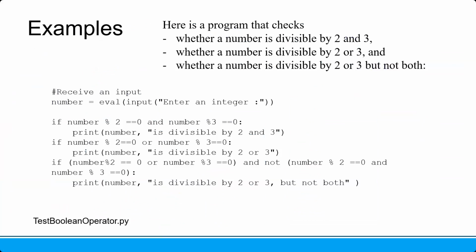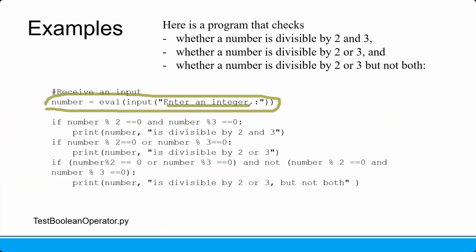So let's try with this code. Let's try to understand what this code means. In the first line, I will receive an input. Okay, let's suppose the input is an integer. So I will put it into the variable number.